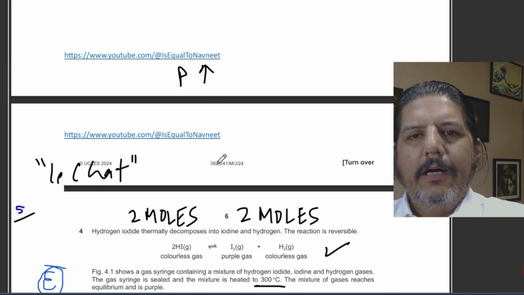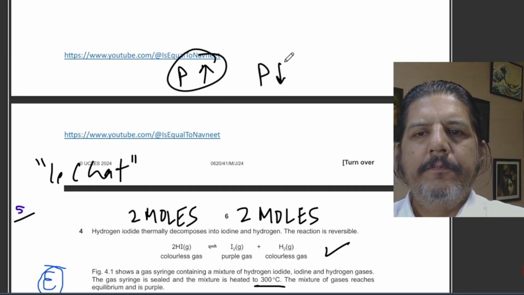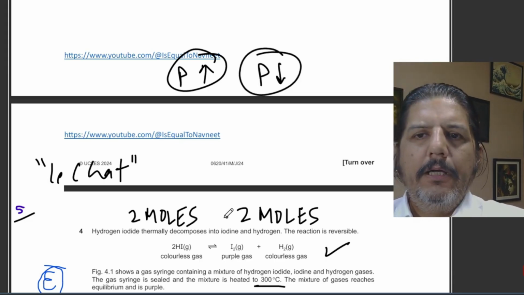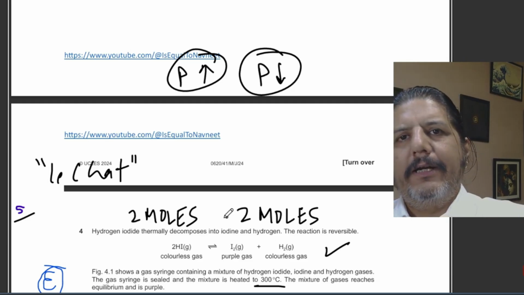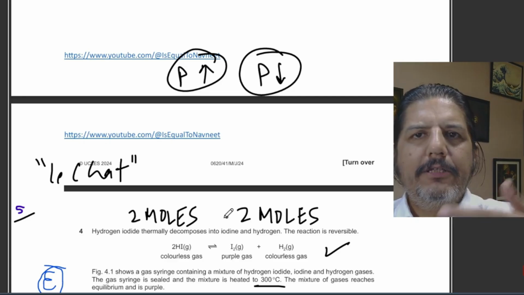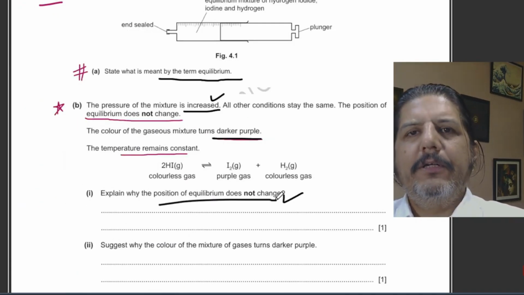But then how can the system oppose increase or decrease of pressure? Because the number of moles on both sides are same. So as per Le Chatelier, because the number of moles on left and right are same, the equilibrium won't get disturbed even if you increase or decrease the pressure. So that is why the position of equilibrium does not change.